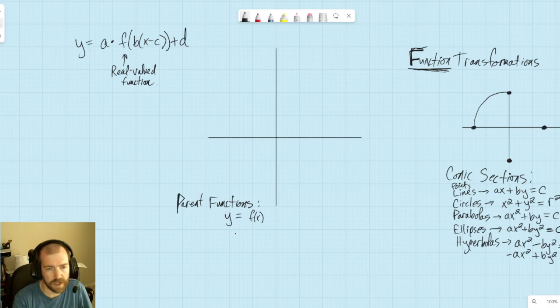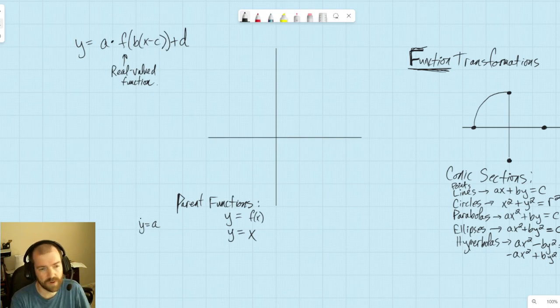So, for instance, the most basic parent function that exists is going to be y equals x, technically. There is also y equals a, but it's just a constant, and then it doesn't really do anything for us, so we're just going to leave this one out. Y equals a isn't going to count for us here. Or y equals 0 or anything like that.